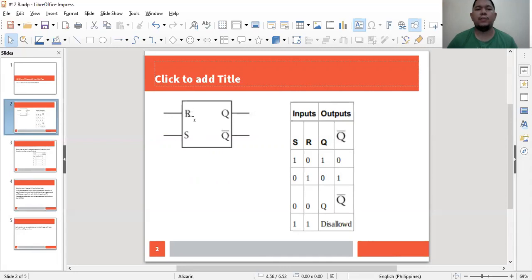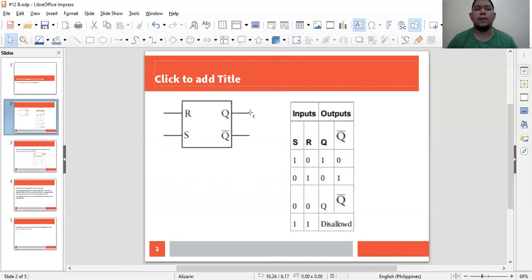Regardless if we change the reset back to 0, it still remembers the value of 0. So it remembers the value of the previous state when the inputs are 0 and 0, or when there is no input anymore.